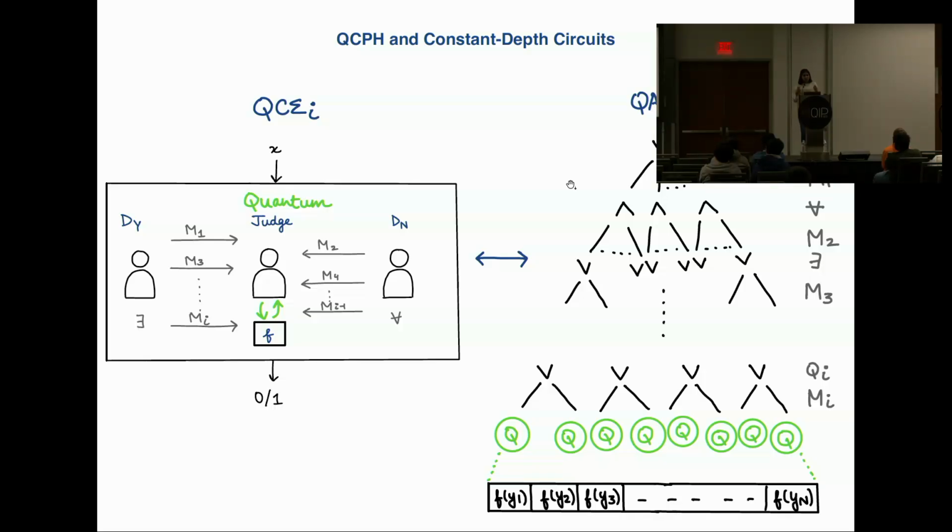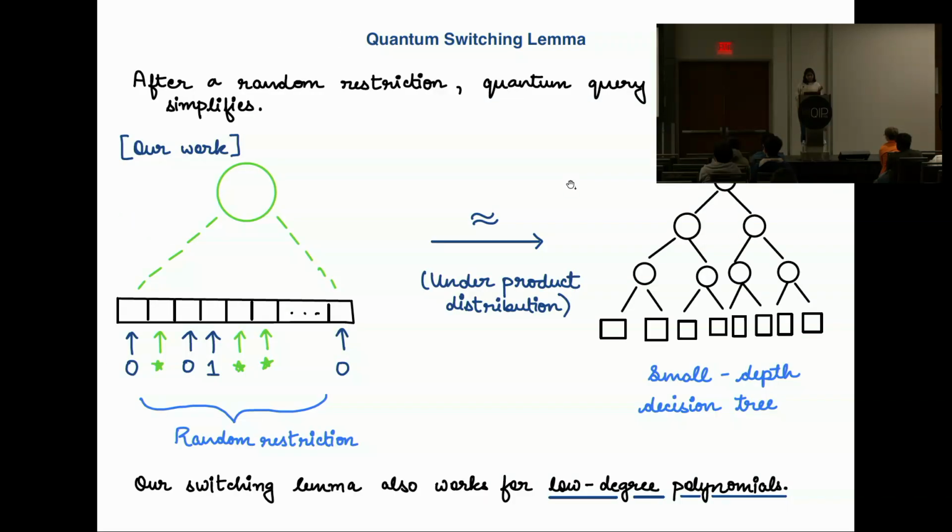So where do these quantum query algorithms come from? They come from the fact that the judge is now a quantum judge instead of a classical judge. And now using the connection from FSS 84, we just want to show circuit lower bounds for this class of circuits. So we just want to show that some function is hard for these circuits. And this brings me to our main technical result.